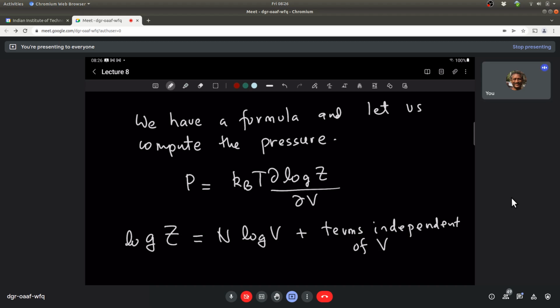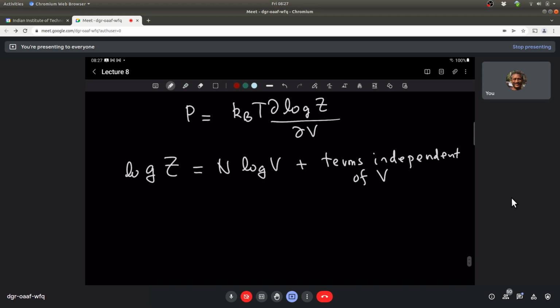So this is all I need, do you agree? To compute pressure, other terms will not contribute because the formula for pressure involves only a partial derivative with respect to V. That means keep other things constant, keep N constant, keep T constant. Is that okay?